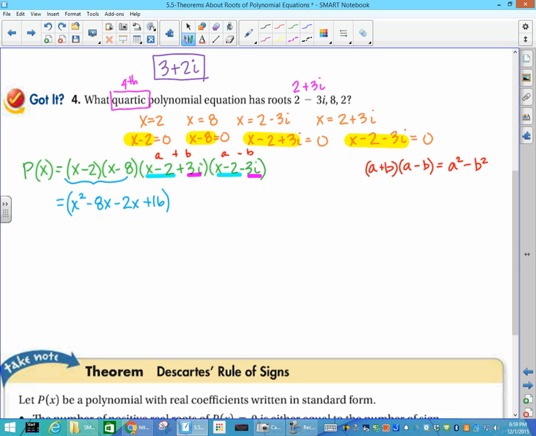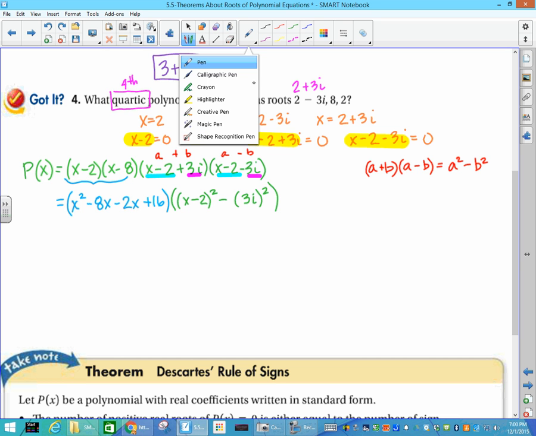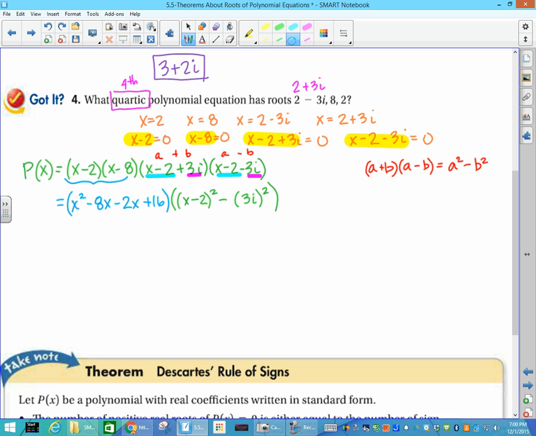So when I write this, I'm going to have a squared, which is x minus 2 squared, minus 3i squared. That was my a, remember? So that's this part. On my highlighter, this is my a that got squared, and that's my b that got squared. So continuing, we'll simplify this guy.